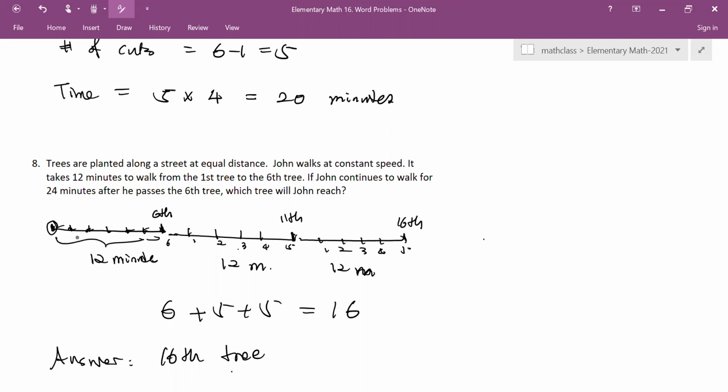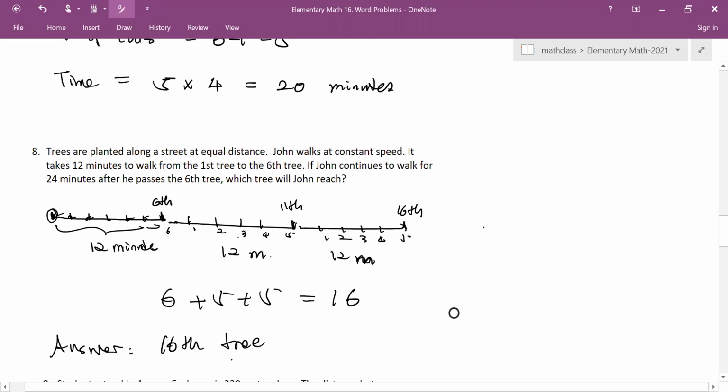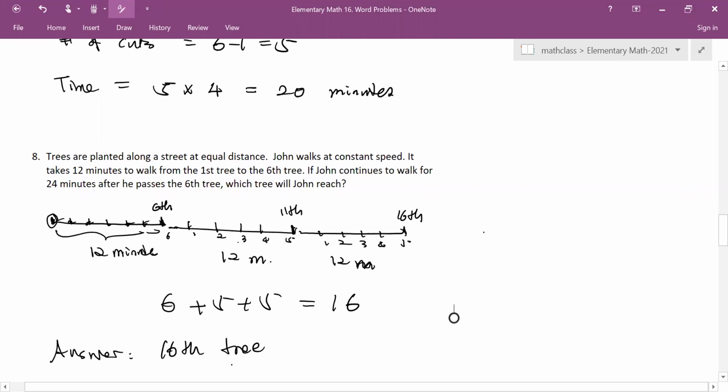Or you can assume 6 meters between two trees. This is just an assumption, then you can solve the problem. But anyway, the picture shows that you don't count the first one. 12 minutes, you pass 5 trees, three times. So total 36 minutes, it passes 15 trees. But including the first one, that'll be 16 trees.